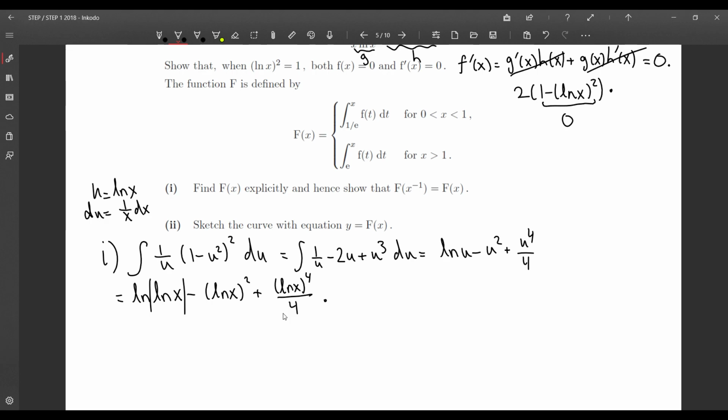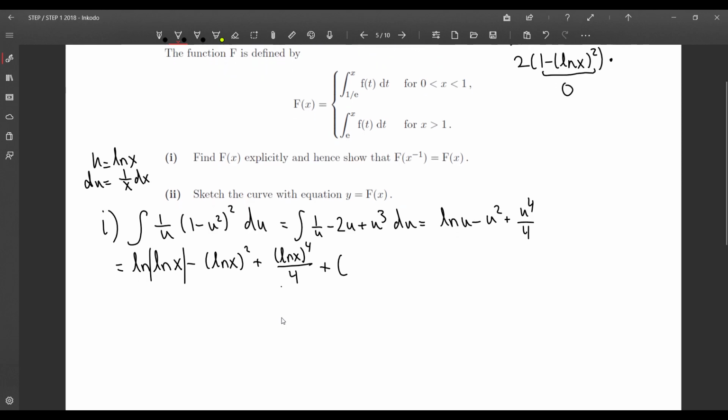Now we need these absolute value bars here because ln of x can be negative. And of course we did an anti-derivative, so we have a plus c here technically. So let's suppose x is in this small region from 0 to 1. Basically we just have to plug in 1 over e and e. So 1 over e is going to give us ln of ln of 1 over e.